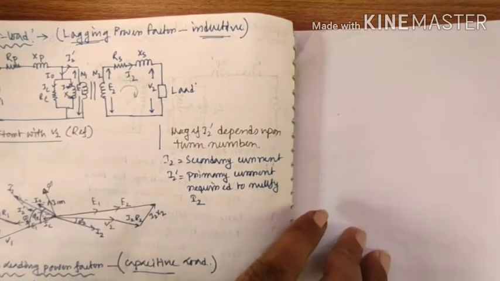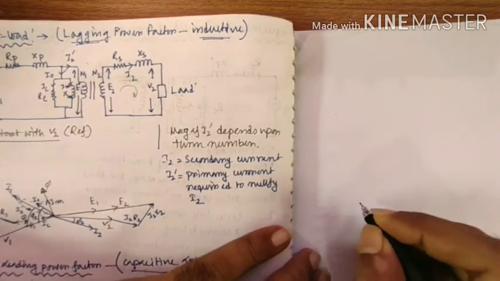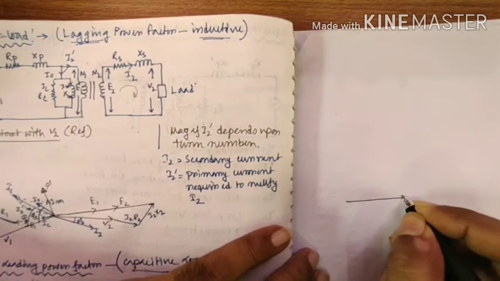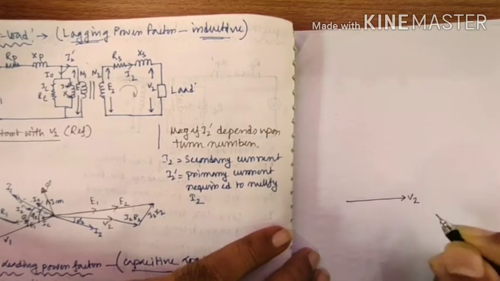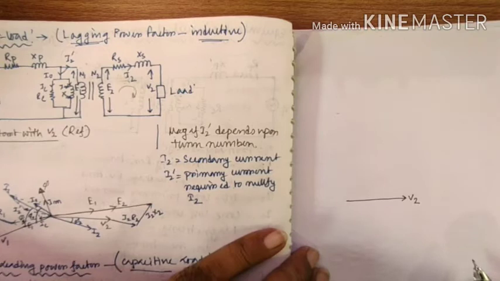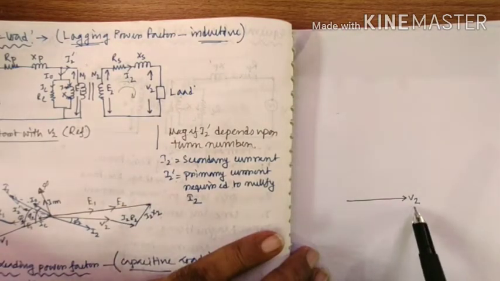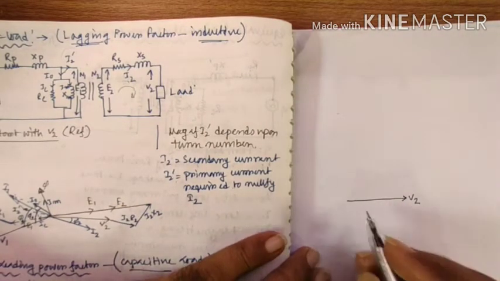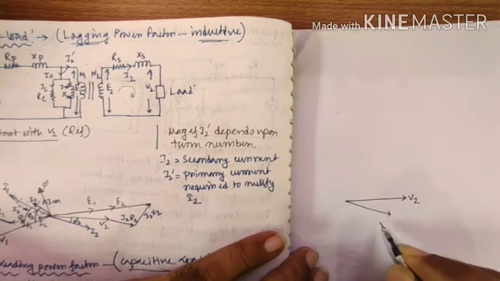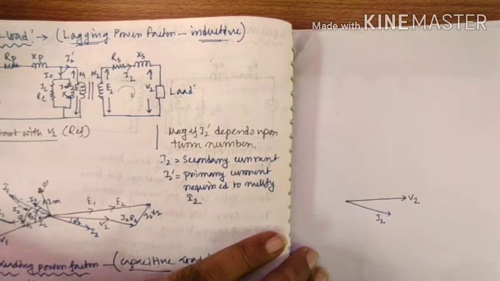So assume this vector represents V2, the voltage across the inductive load. And we know in case of inductive load, the current lags the voltage by an angle phi. In ideal condition, it is 90 degrees. So the current flowing through the circuit, I2, should lag V2 by an angle phi. So the direction of I2 should be like this one. It should lag. So I2 is lagging with respect to V2.